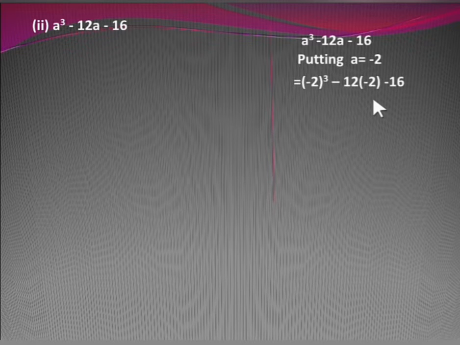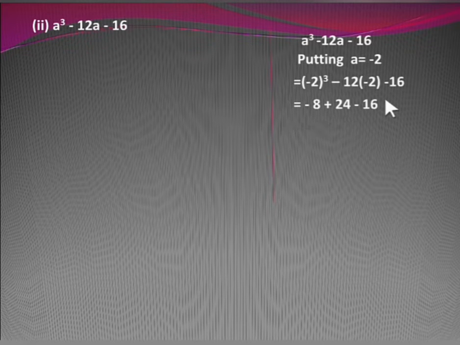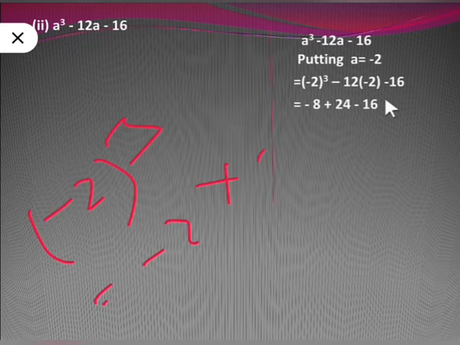Putting the value a equals to -2, we get (-2) cube, -12 into -2, -16. Now (-2) cube is equal to -2 into -2 into -2.